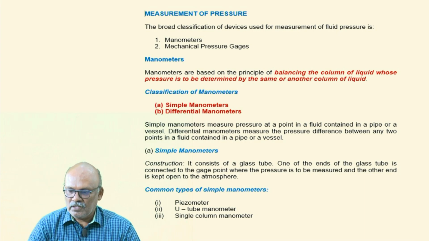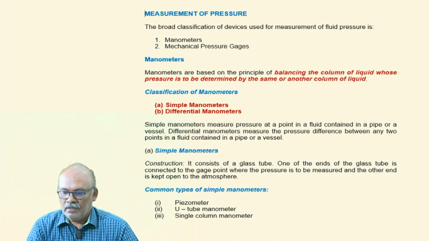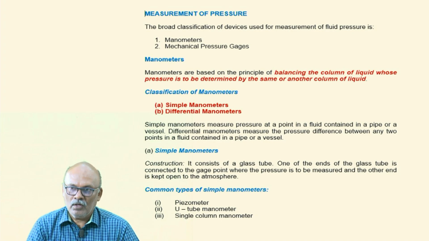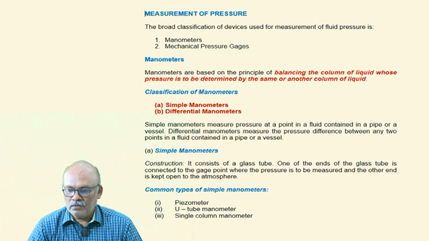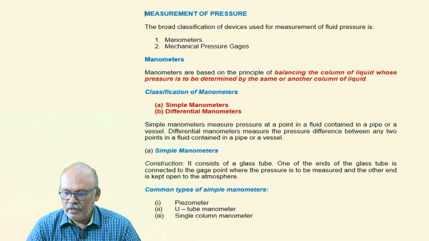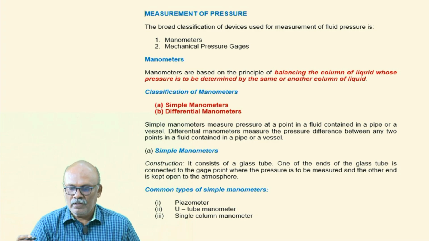Manometers are based on the principle of balancing the column of liquid whose pressure is to be determined by the same or another column of liquid. Suppose it involves measurement of fluid pressure and the fluid involved is a liquid. So we balance the column of liquid whose pressure is to be determined by the same or another column of liquid.